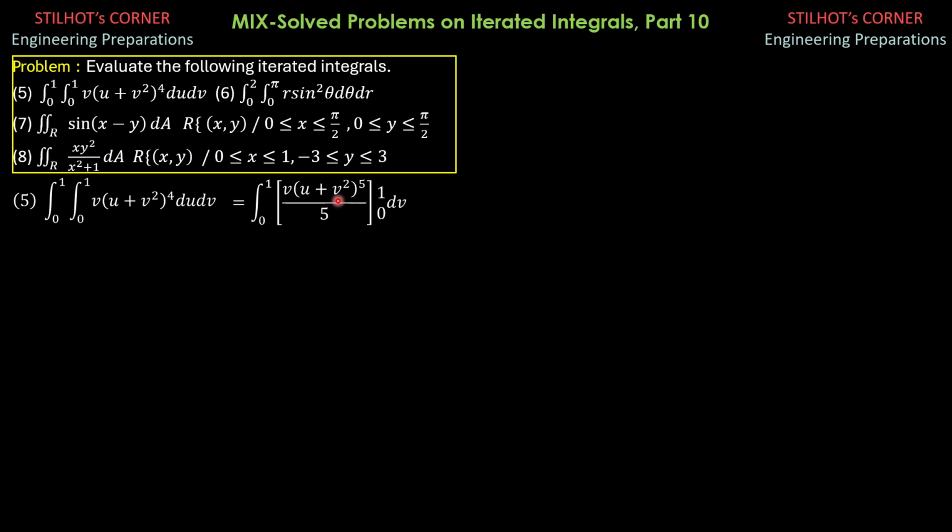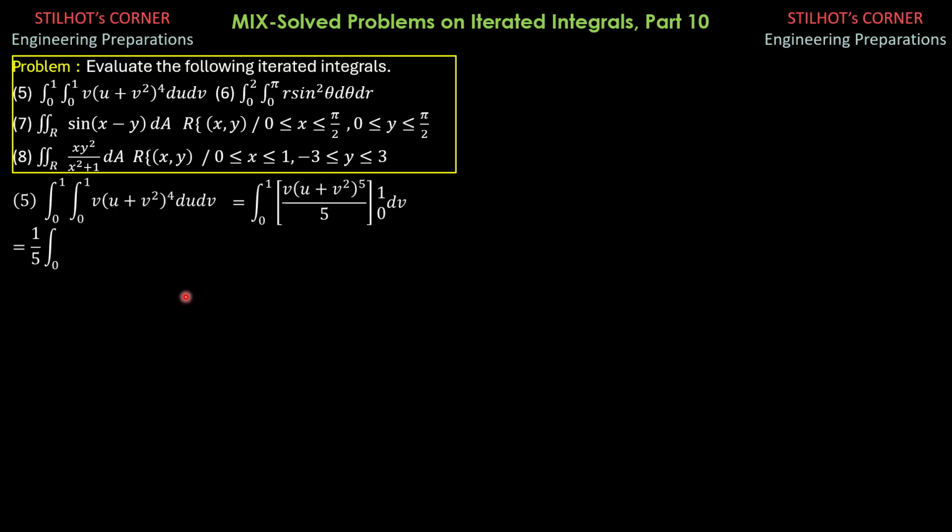So in preparation for the power formula, we introduce 1/2, then we multiply this by 2v, so that this is in the form u to the 5th du. Then lower limit 0, so that means this is 0 plus v square raised to 5. That would be v to the 10 times v, so that's v to the 11. So minus v to the 11.